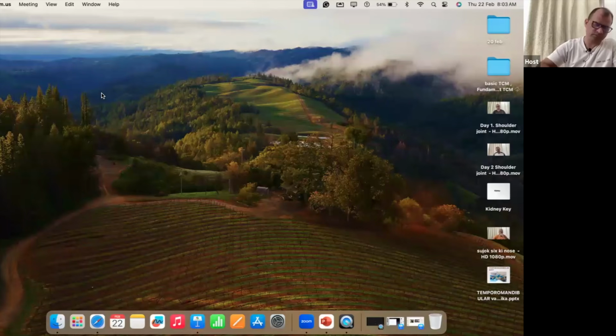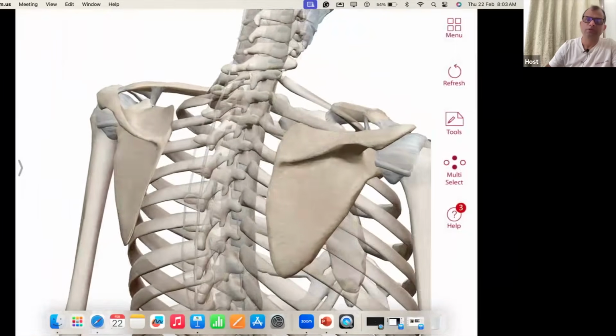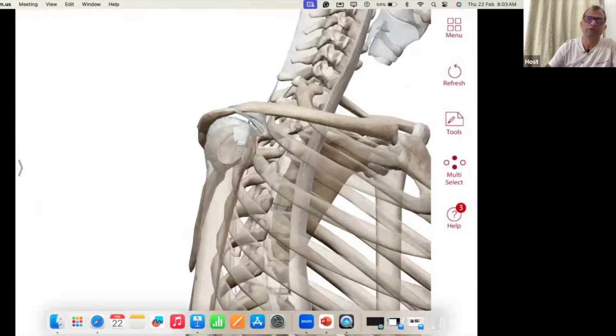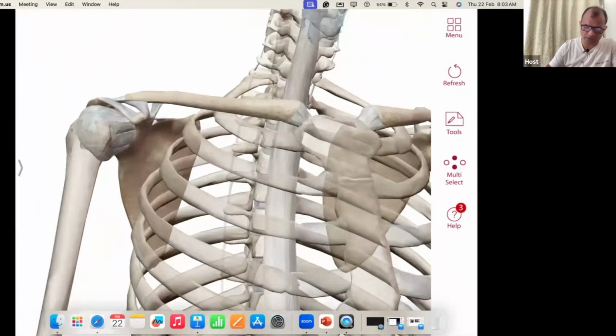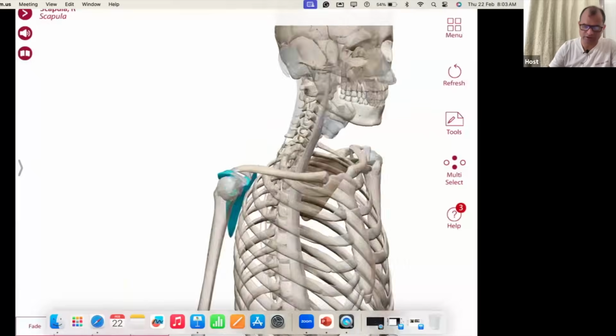द नंबर वन, दैट इज कॉल्ड pectoral girdle. See here, pectoral girdle. The meaning of pectoral girdle is scapula and clavicle.